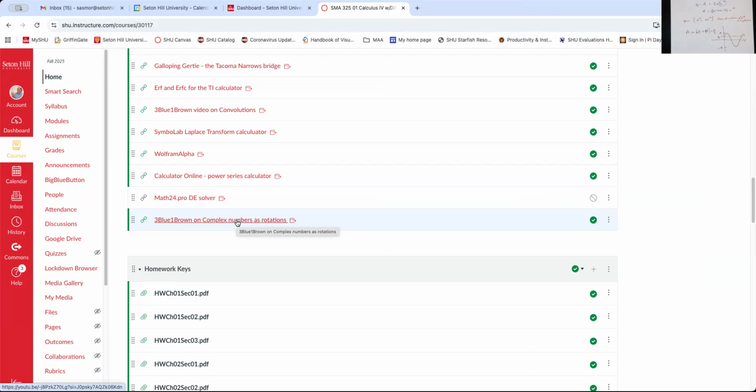In a very real sense, figuring out why complex numbers act as rotations is straightforward as soon as you study the way that the e to the i theta function works. But why do we want to use them? Well, it turns out that tomorrow, when I start to talk about the Laplace transform, it's really based off of this idea. And I'm doing in complex numbers the auxiliary equation.